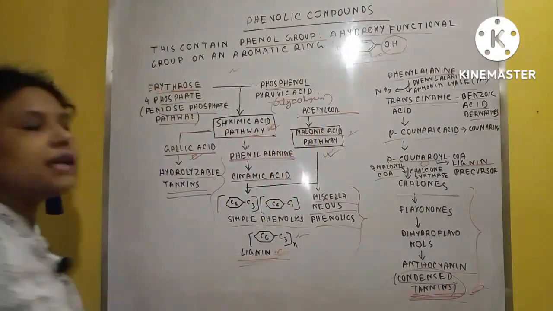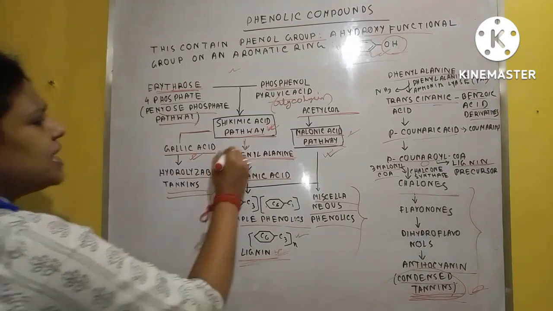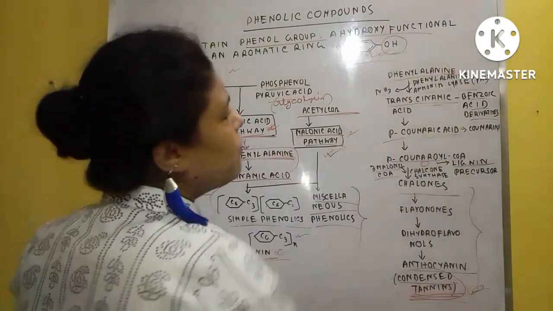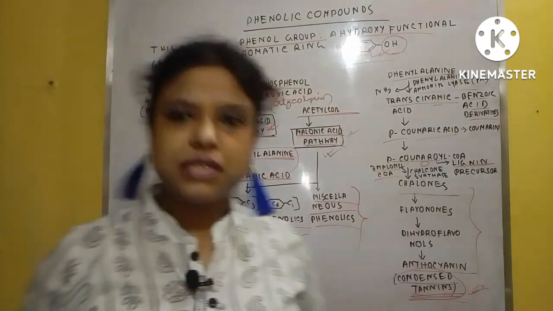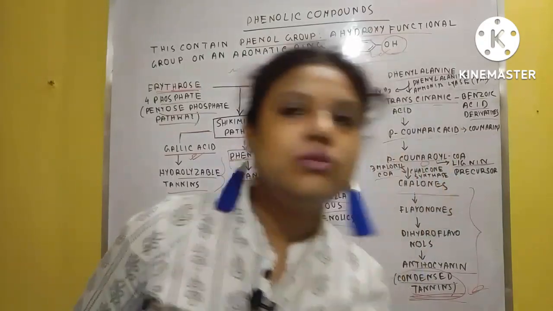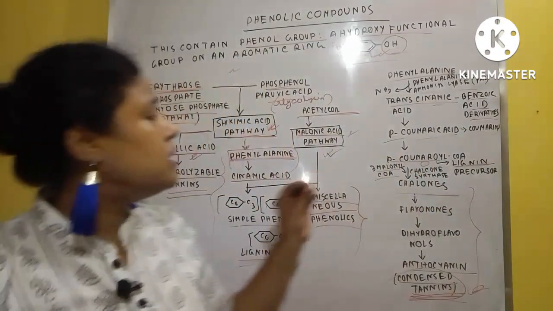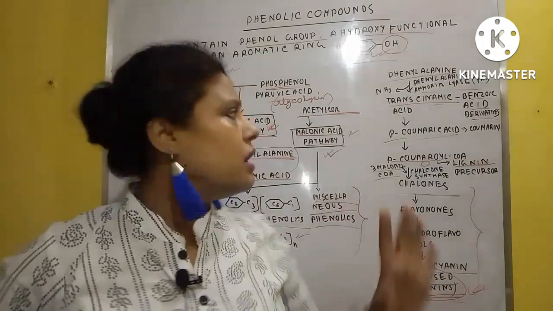Tannin is one kind of simple phenolic compound, and it is formed from phenylalanine. I think you can understand this biosynthesis process. Now I will explain the function of the phenolic compounds very briefly.